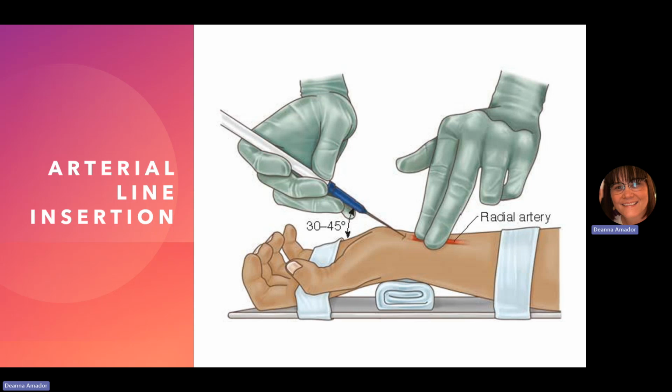If that MAP is not 65 or higher, then I would know I would need to go up on my norepinephrine if that's how my order read, to titrate it for a MAP of 65. Even if you have a systolic blood pressure of 100 or 95, if your MAP is not 65, you still need to talk to your provider about that and see if they're okay with that.